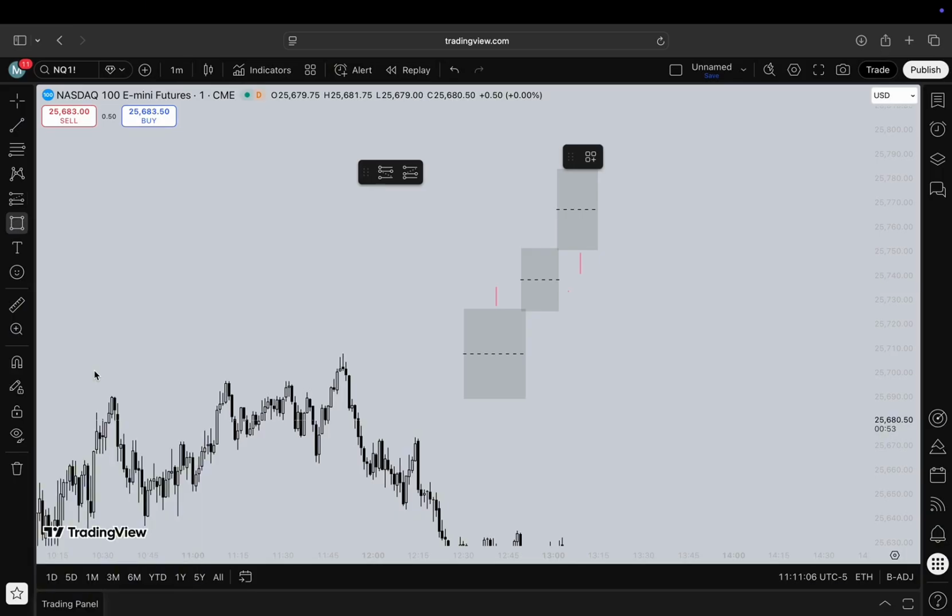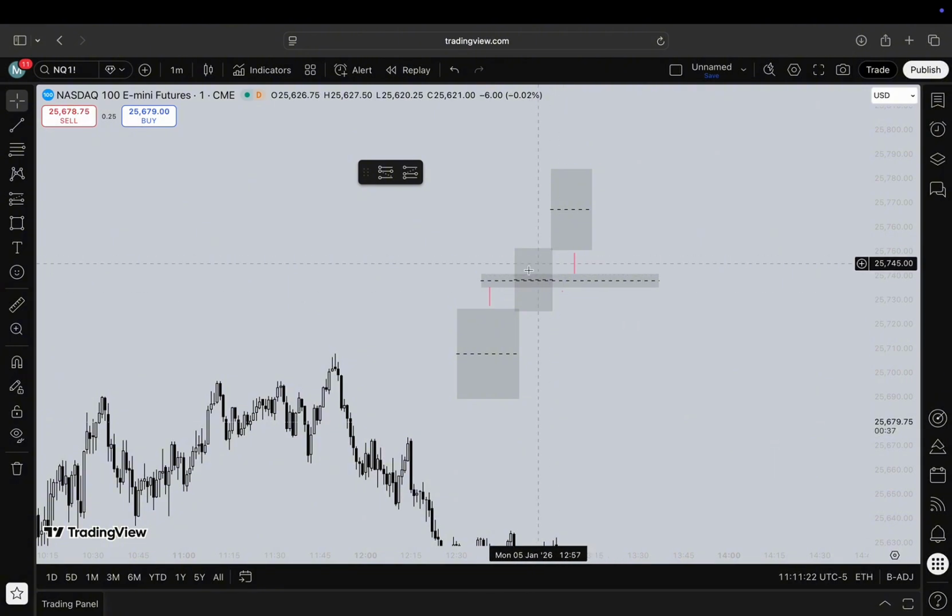So you see right here, we have the bottom wick and the top wick, and there is an imbalance in price here. That means price went to the upside so quickly that it left an imbalance in price through this second candle.